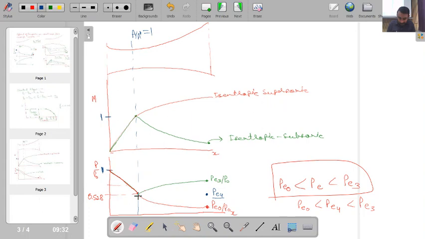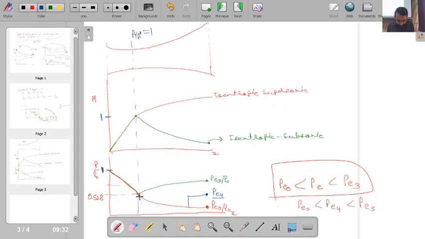After the throat, the flow has become isentropic supersonic. So as the flow has become supersonic, it must end at this point. But if my pressure is PE4, which is greater than PE0, it cannot exit at this point. Because the exit must reach this pressure, if I am following this line, somewhere over here I must have a jump of pressure and then I should reach this point. Is that clear?